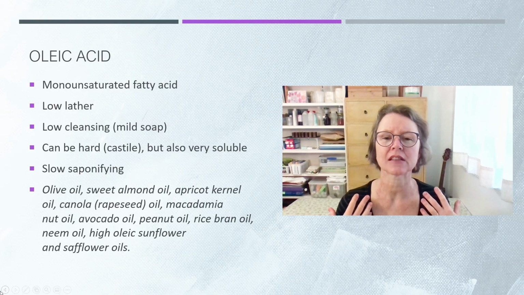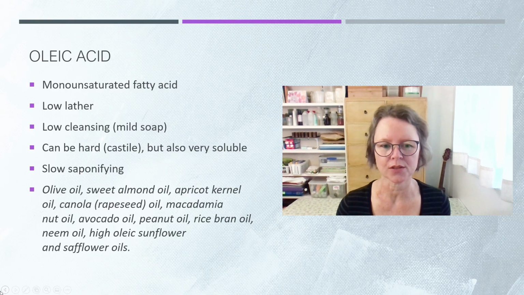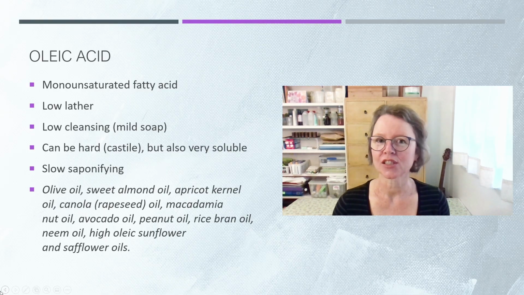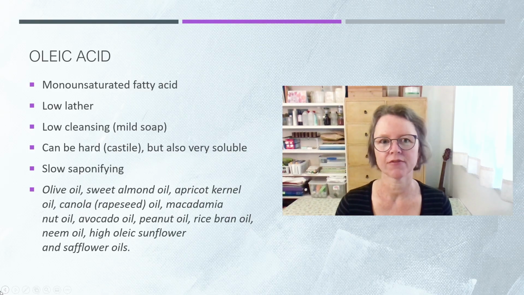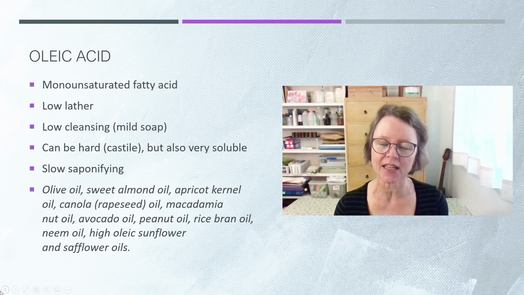My skin just loves it, which is why I use olive oil a lot, but it does make a gooey kind of soluble soap. It's also slow saponifying, so lots of soap makers love to have oleic acid in their soap recipes, especially if they're doing really lovely designs and they want their soap to trace slowly and saponify slowly.